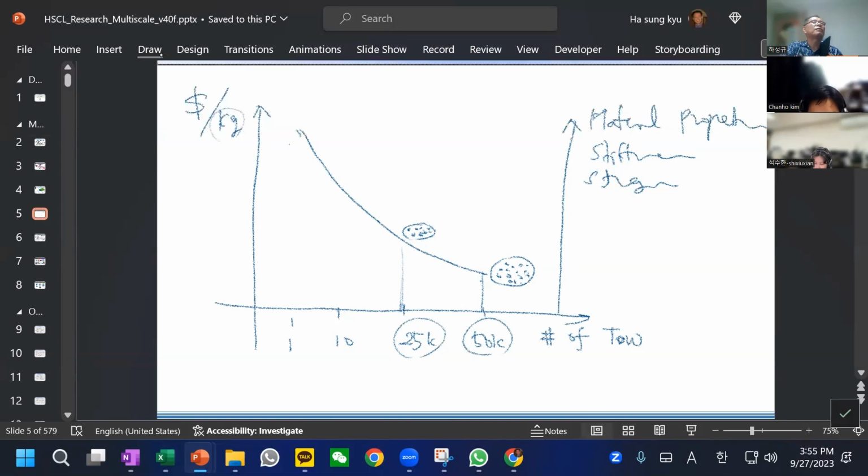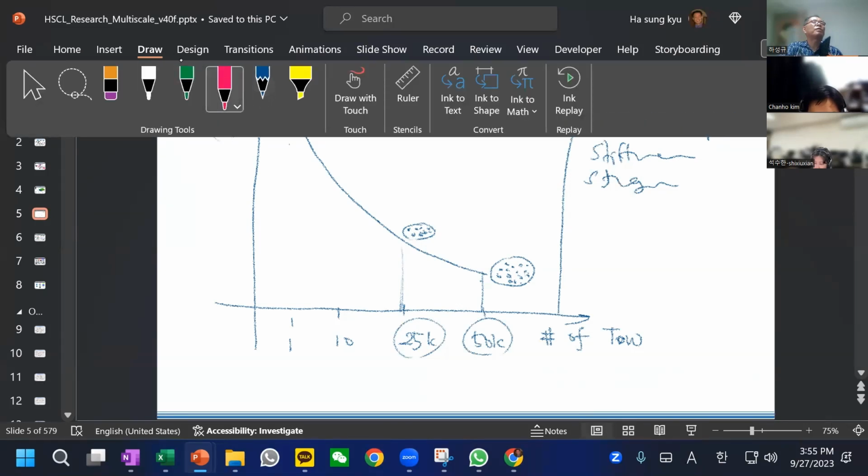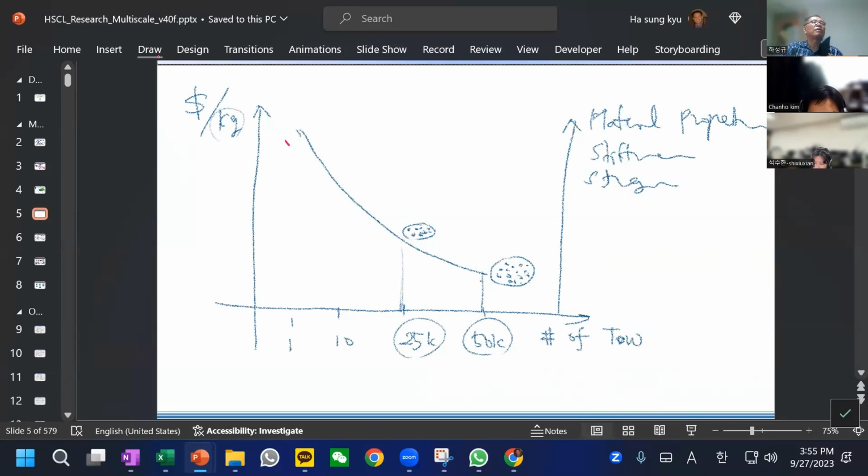Okay, so dropped as well. Not much, but something like that. Material property. So as you can see, the performance per kilo, this is good. But the absolute performance-wise, this is really good.